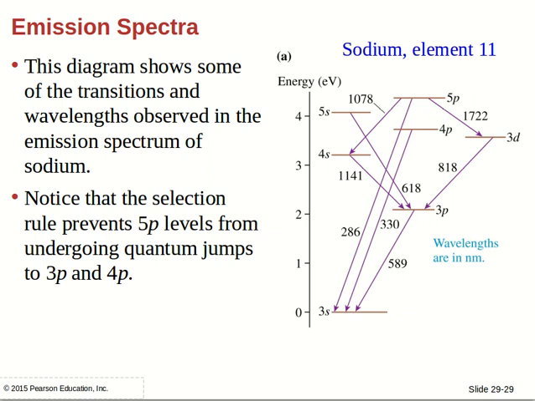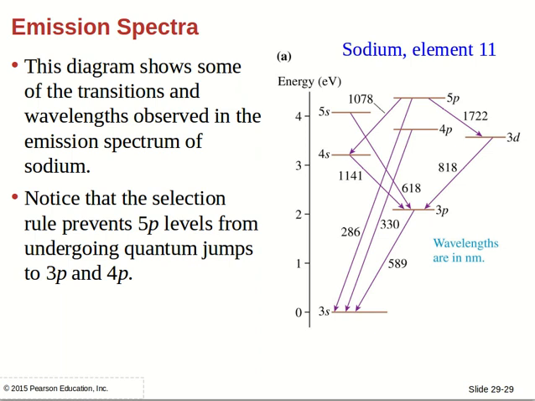So in sodium, element number 11, here's what the excited state structure looks like and the ability for this state to be excited and to de-excite back to the ground state. These are some of the possible transitions.